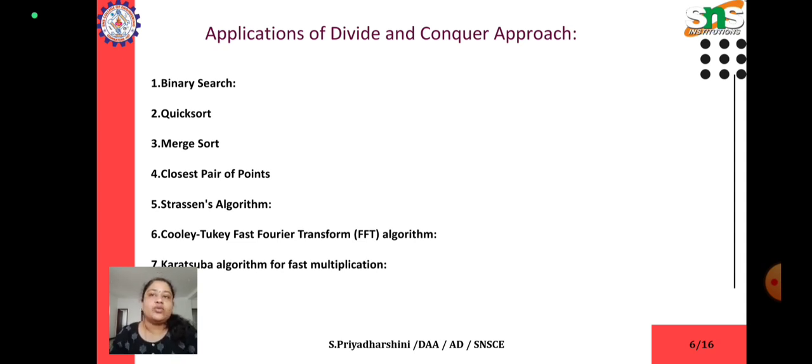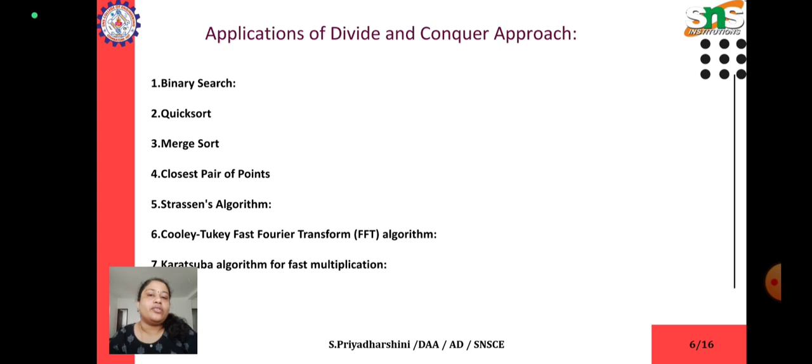The next one is the closest pair of points. It is a problem of computational geometry. This algorithm emphasizes finding the closest pair of points in a metric space, given n points, such that the distance between the pair of points is minimal. Next one, Strassen's algorithm. It is an algorithm for matrix multiplication. Next is the Cooley-Tukey fast Fourier transform algorithm.